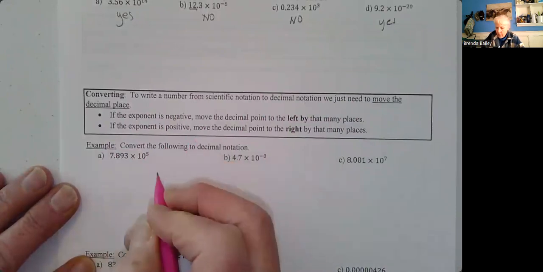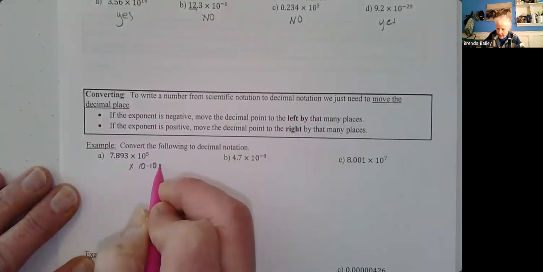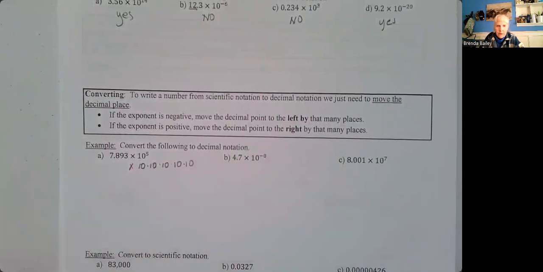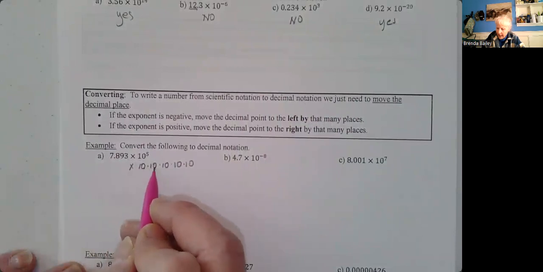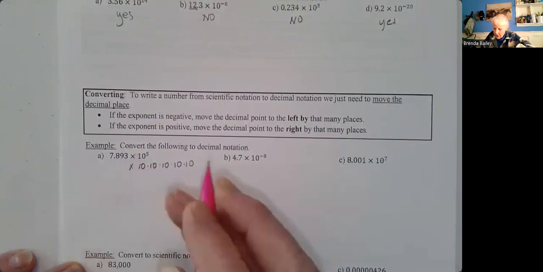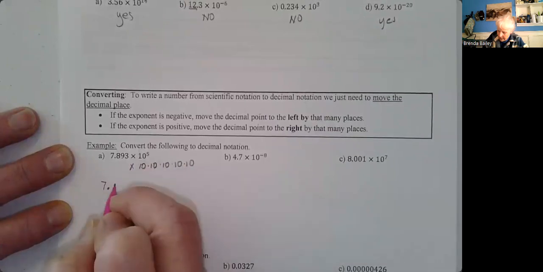This means we're multiplying this by 10 times 10 times 10 times 10. Now here, again, in your other math classes, when you multiply by 10, multiply by zeros, it tells you to move the decimal over.